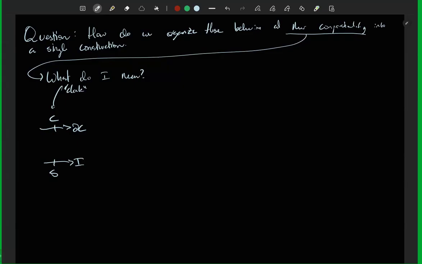Given this chart I, we can ask for a map here, such that this is a square. That's again what representability means in the above case.